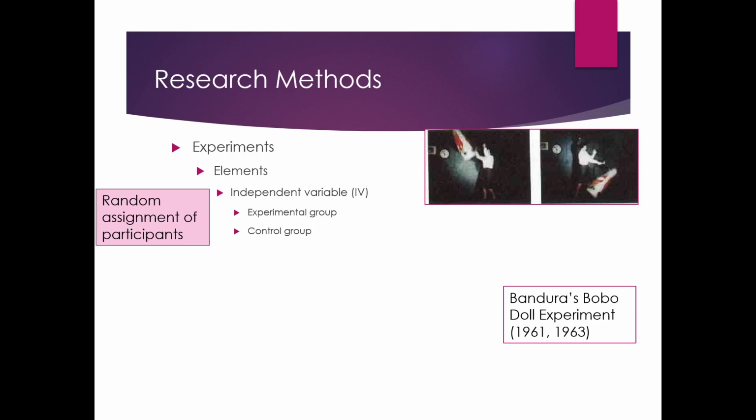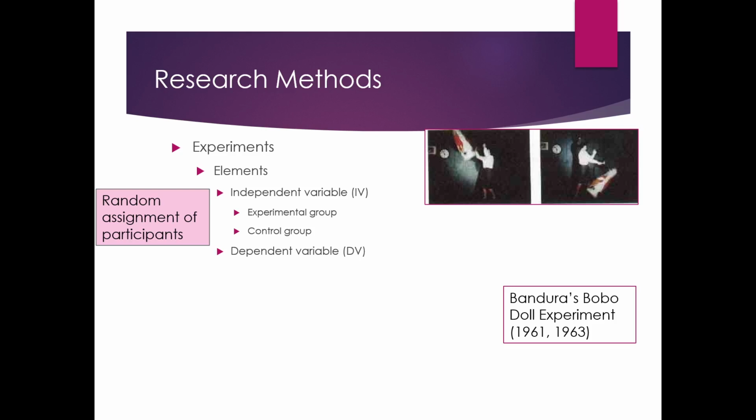That way, if there are innate differences between the children in their level of aggression or experience with Bobo or things like that, they'll be distributed across the experimental and the control group. And that gives us a lot more confidence that the two groups started off basically the same. And so if they behave differently in the long run, we're left with the only explanation being that the independent variable caused that difference in behavior.